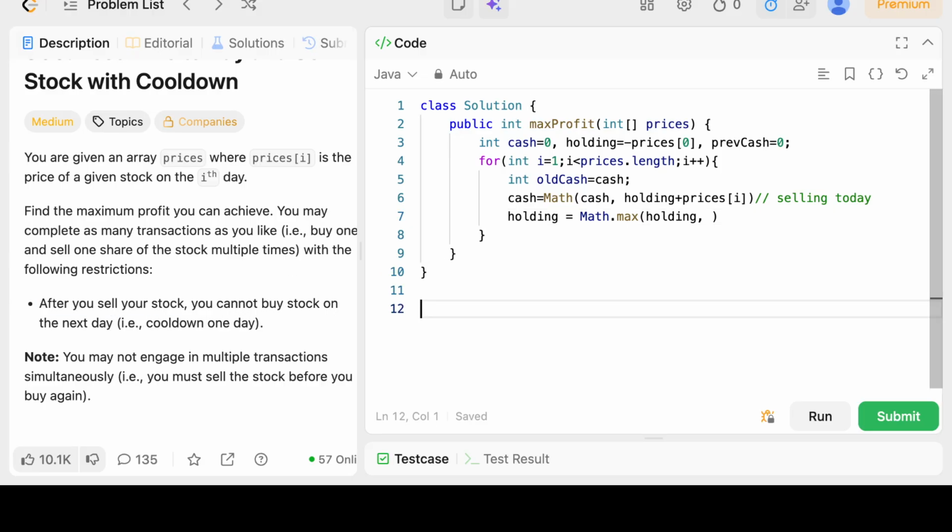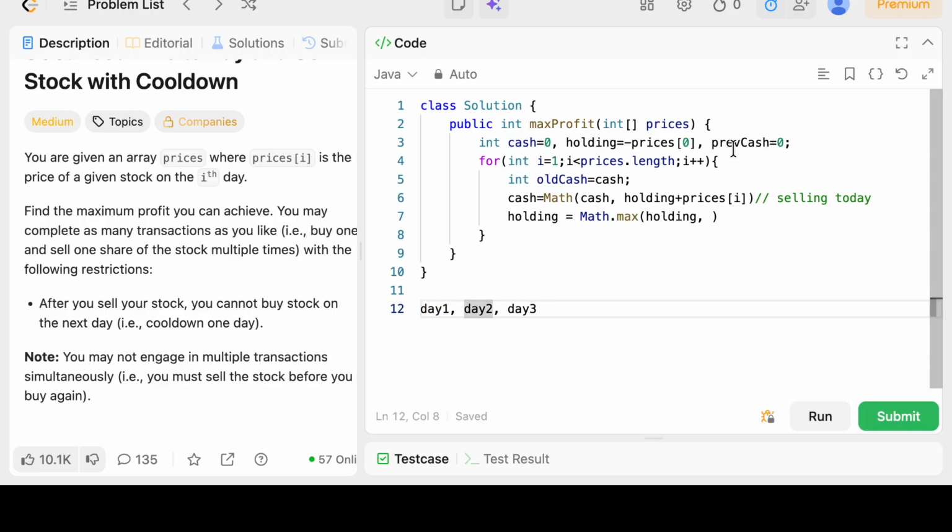So if you think about day 1, day 2 and day 3, for day 2 the cash from yesterday can't be used for buying stock today. You can use the cash from before it.